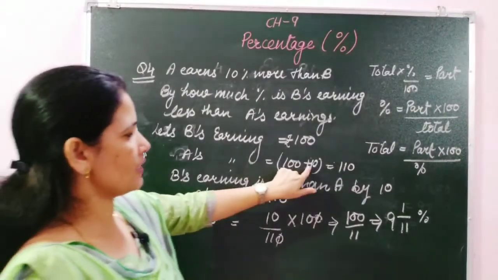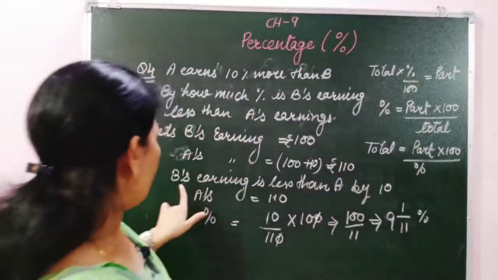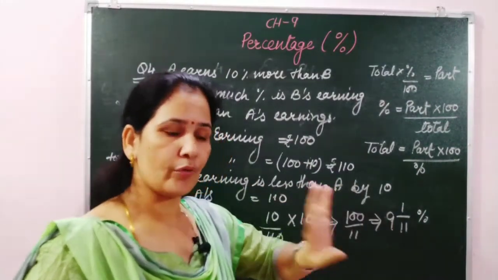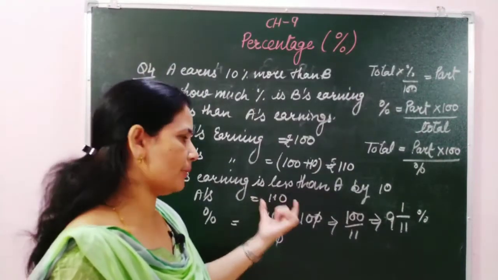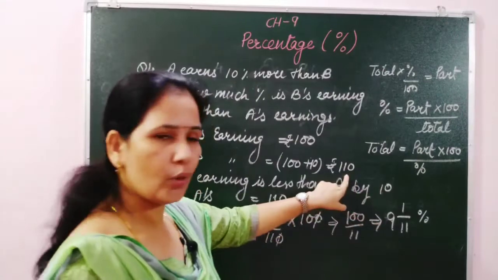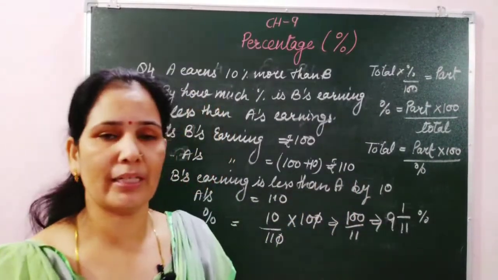So 100 plus 10, 110. That is A's earning. Now B's earning is less than A by 10. So we know this is less by 10. So easily we can find out the percentage. To find the percentage, 10 is the part, total 110 and multiply by 100. And we get 9 1 by 11.